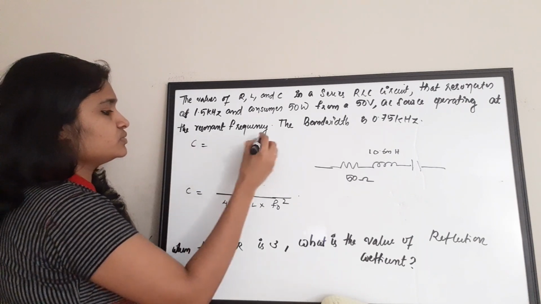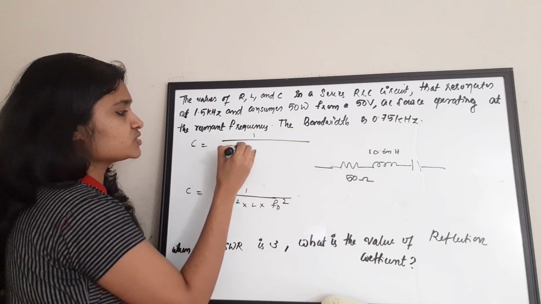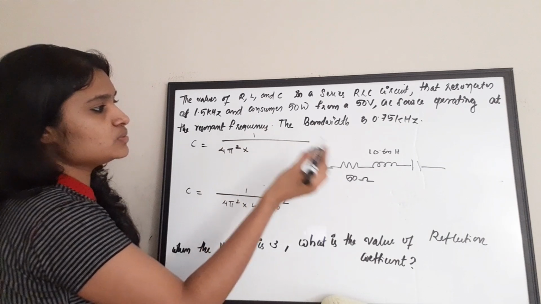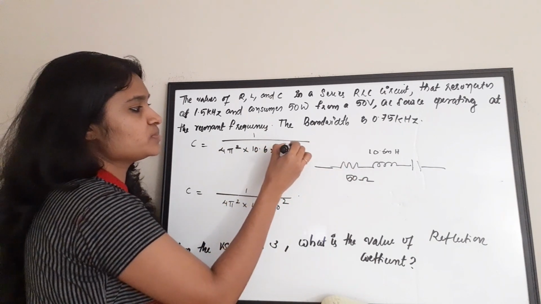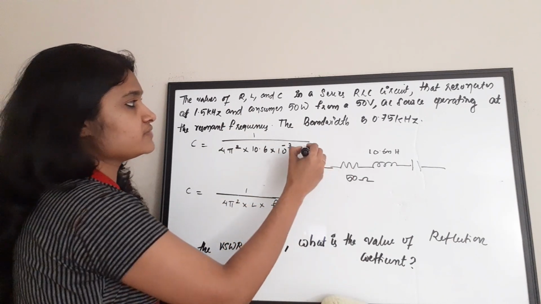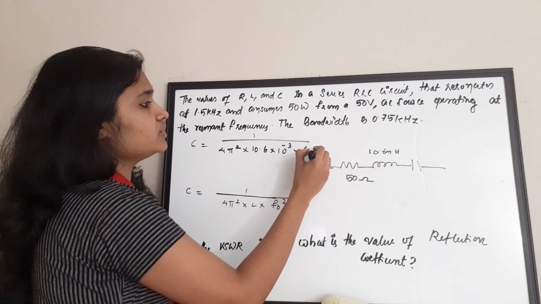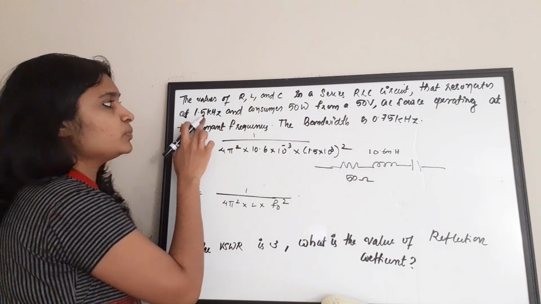C is equal to 1 by 4 pi square into L value, which is 10.6 millihenry, that means 10 raised to minus 3 Henry, into F0 square. F0 is 1.5 into 10 raised to 3, the whole square. It is 1.5 kilohertz.